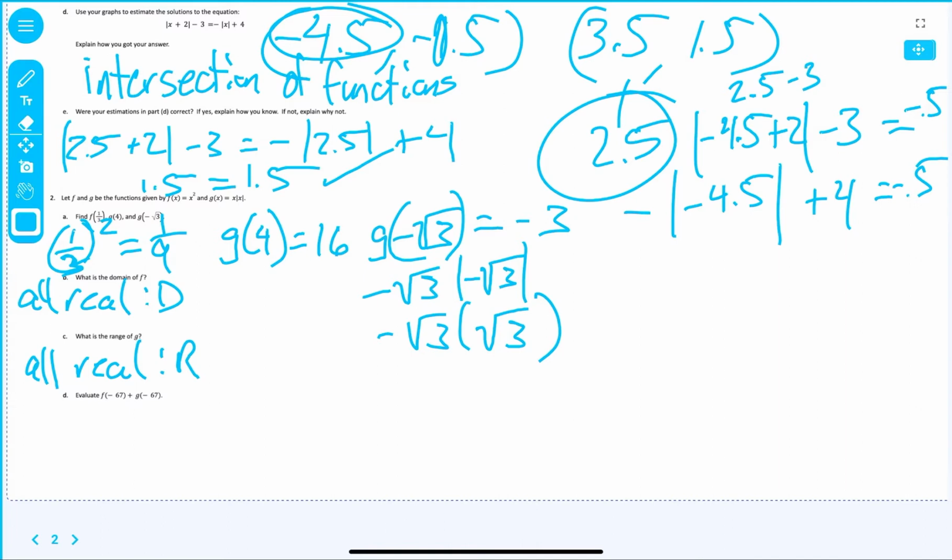Now, evaluate f of negative 67 plus g of negative 67. So what is negative 67 squared? 4,489. And that's going to equal 0.